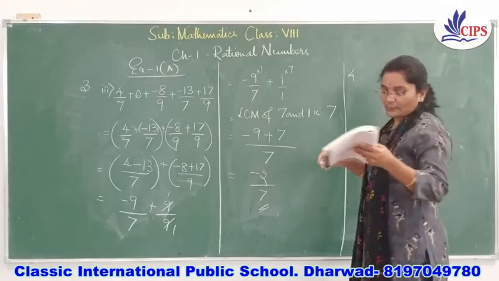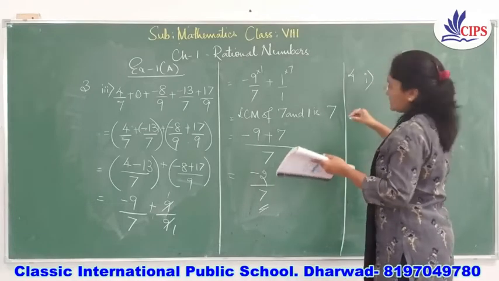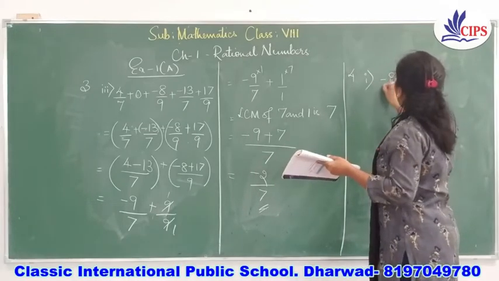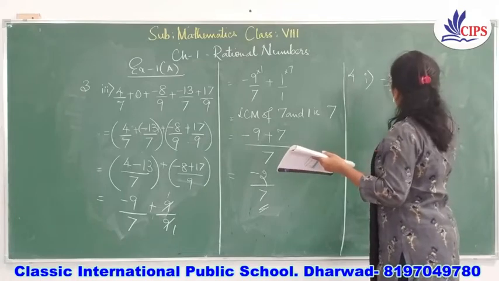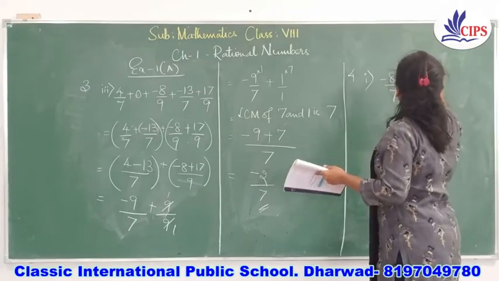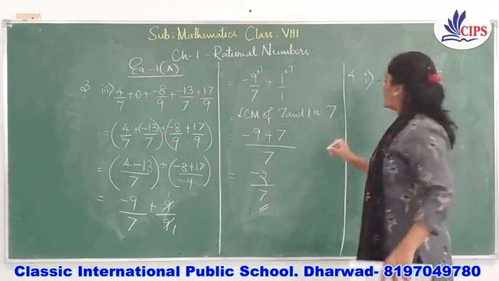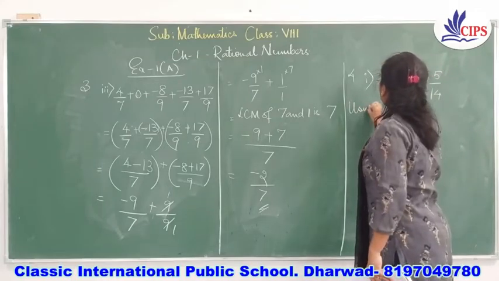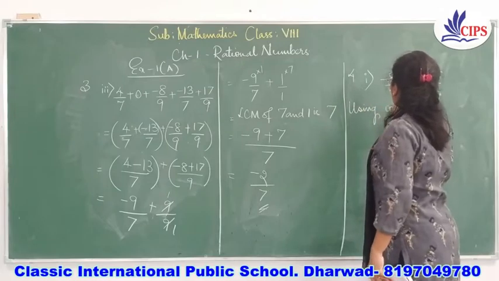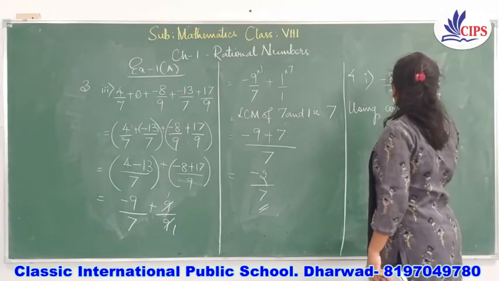Fourth Main, first one, they have given you the numbers minus 8 by 7 and 5 by 14. So first we'll write, using the commutative property.